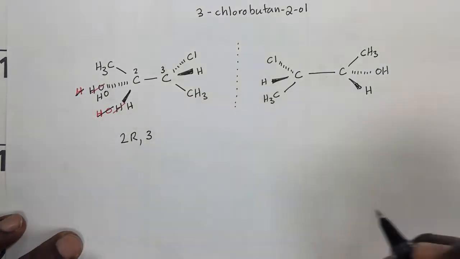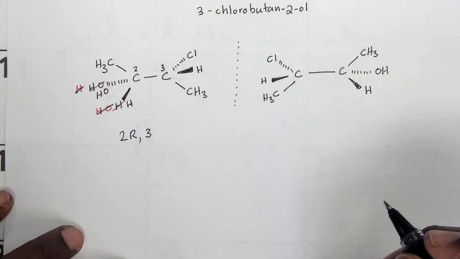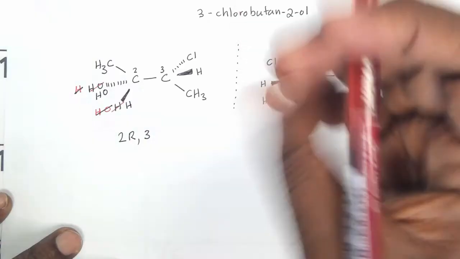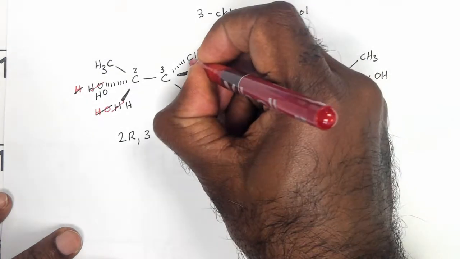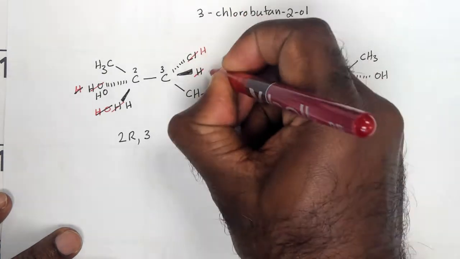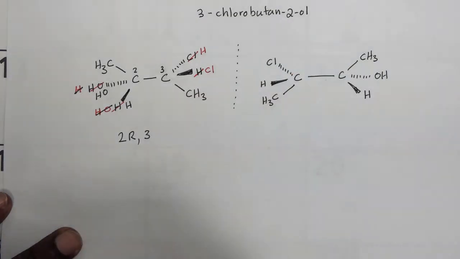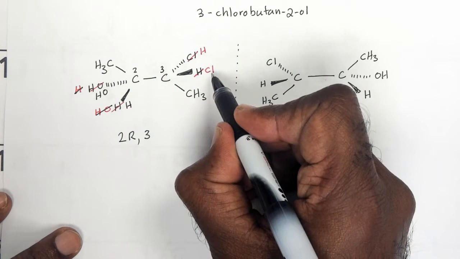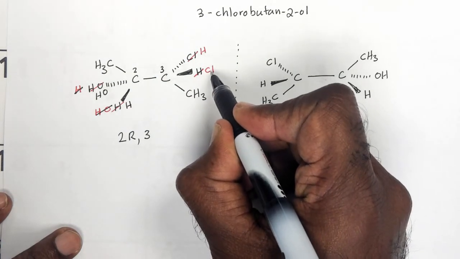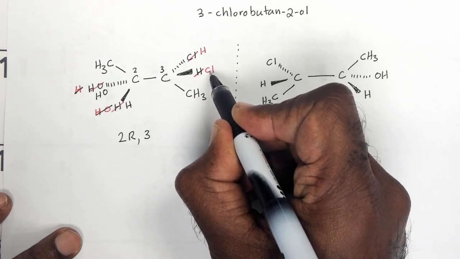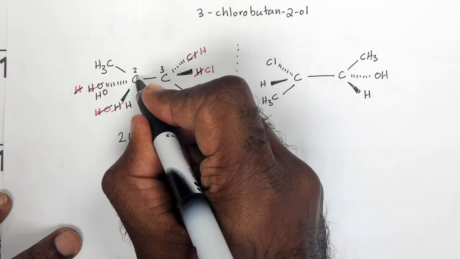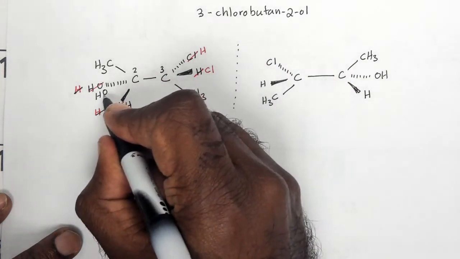Let's do the same thing and determine the stereochemistry at the 3 position. What I would start off by doing is putting the lowest priority group away from me. So put the hydrogen there and the chlorine there. And do exactly the same thing. Chlorine would take first priority. It has the highest atomic number, so that would take priority number 1. And then go to the next group, which has a carbon with an oxygen in it.